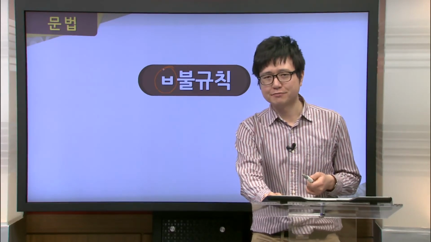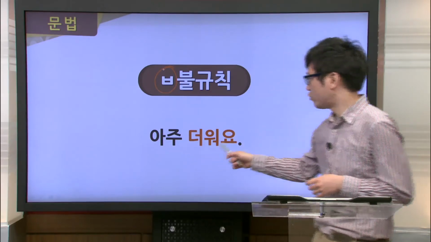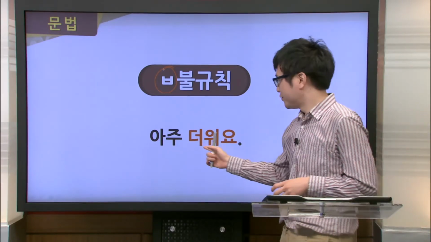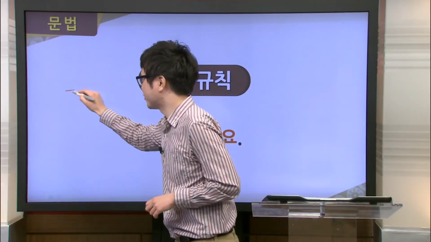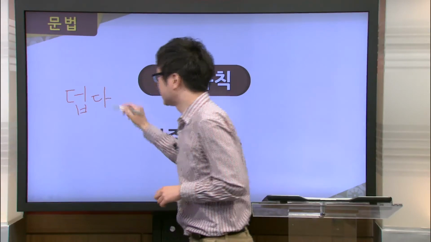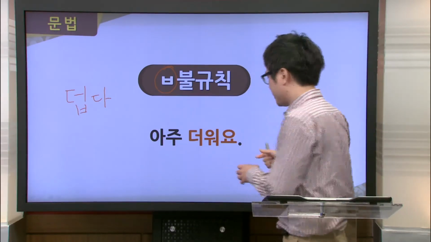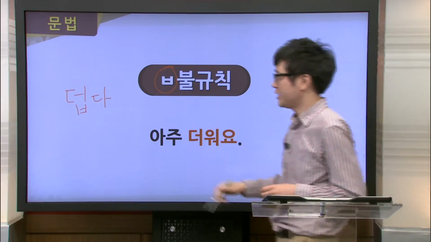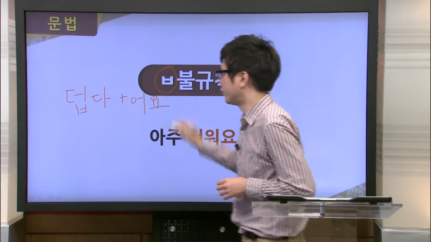Now in this first sentence here we have 아주 더워요. Now, 더워요, where does it originally come from? It originally comes from the verb 덥다. But what happens is this 덥다, when we use this grammar form right here, it's combined with 어요.